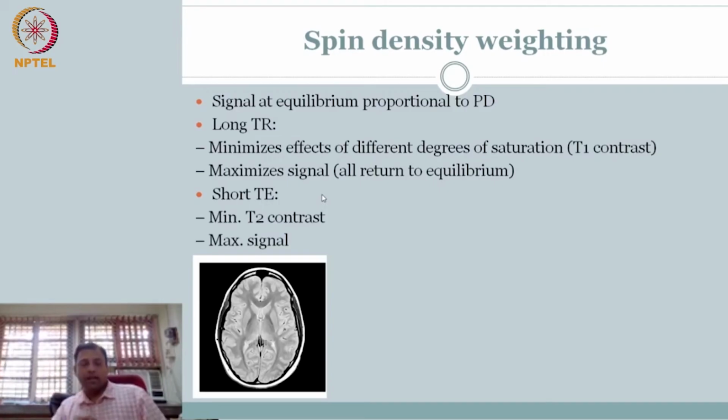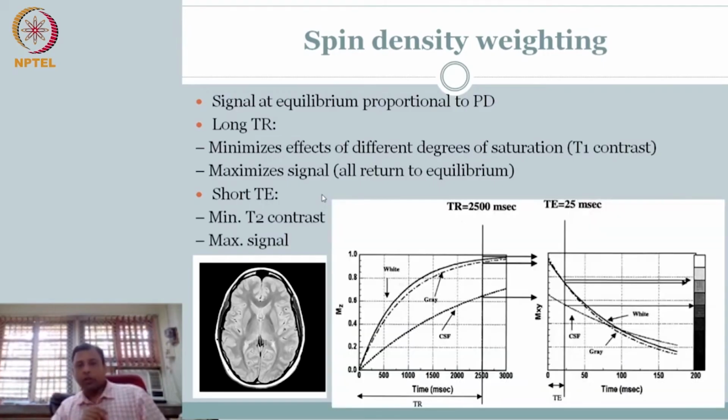To put it in a picture, these are the two axes, MZ and MXY, the Z component and the transverse component. If I wait for a long time, what happens? I have different materials, and each one has its own time constant T1 to build up. I'm waiting for a long time, so I don't have to consider the effect of T1.